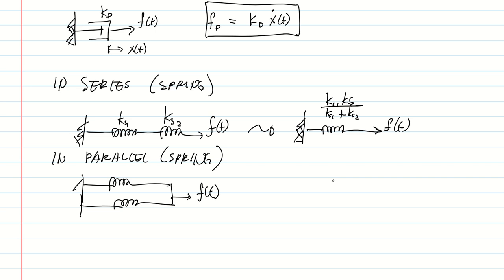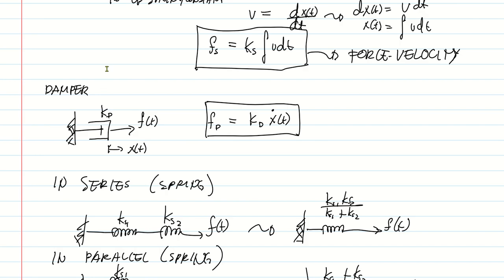If these are KS1 and KS2, the equivalent single spring is the opposite of the series case, so we just add them. This is just KS1 plus KS2. So this is for the spring.